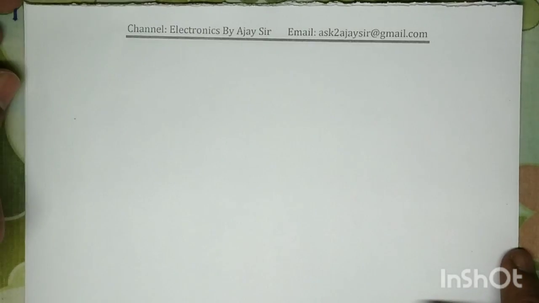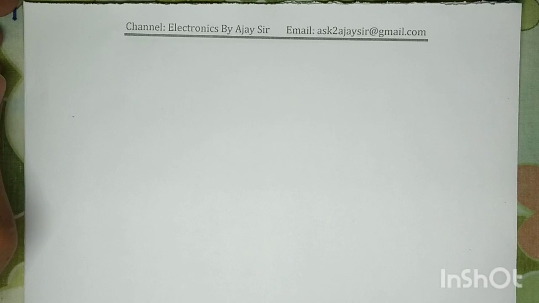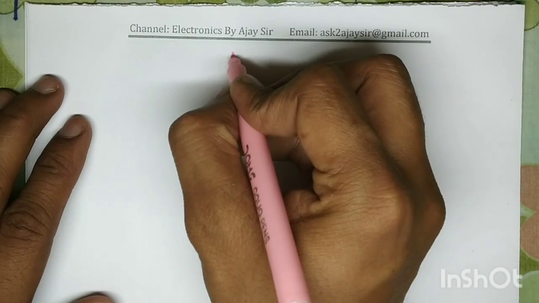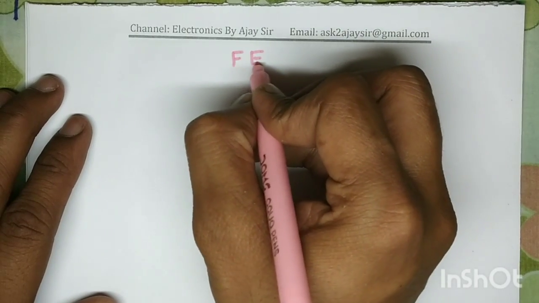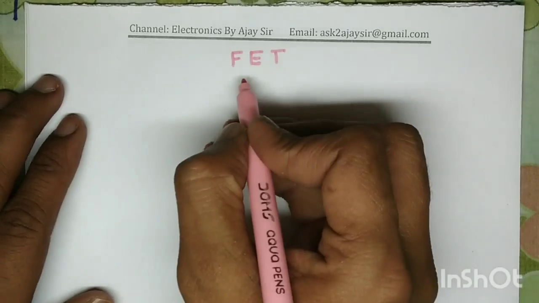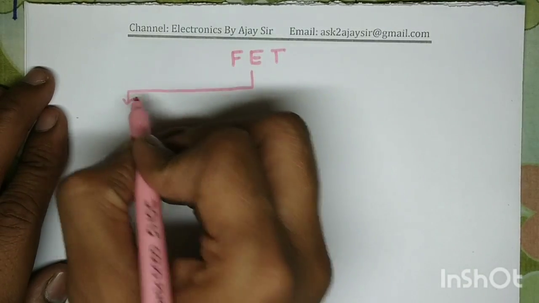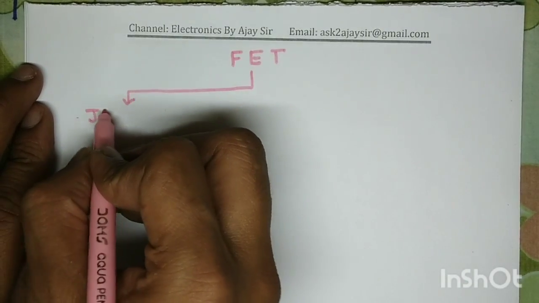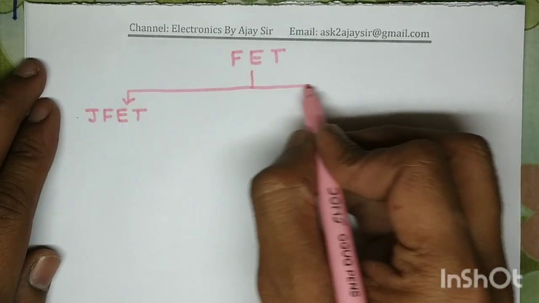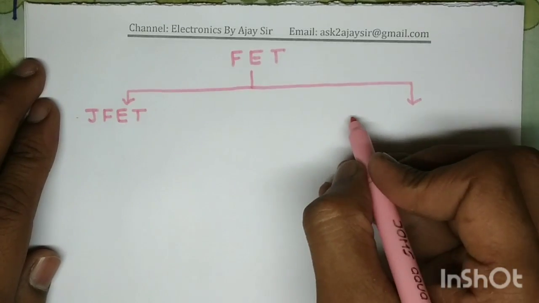So in summary, I would like to classify the field effect transistor. In this summary, we have discussed the two types of FET. One is JFET, another is MOSFET.